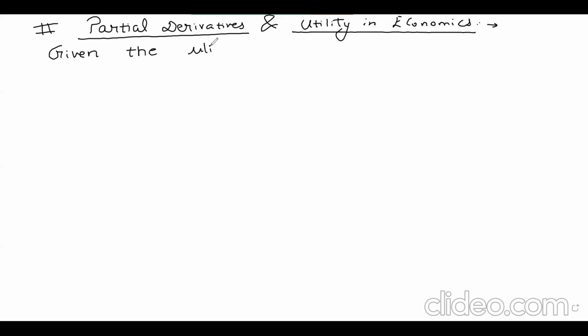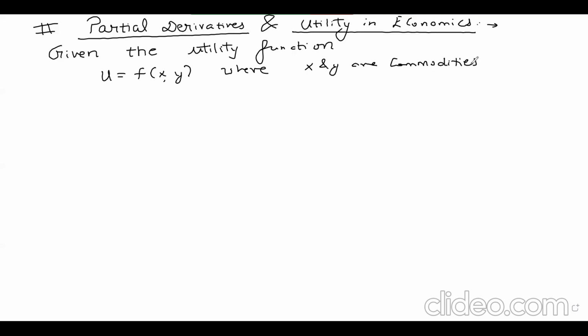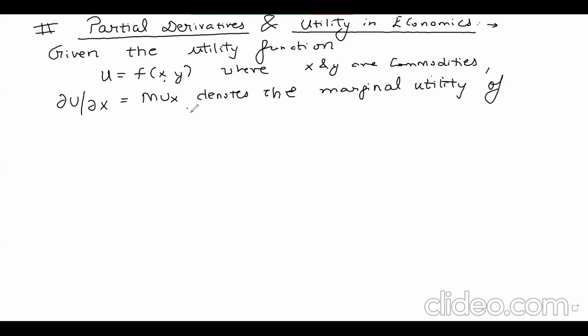Given the utility function U, which is a function of X and Y, where X and Y are commodities, and U is the level of utility, del U by del X, also called MUX, denotes the marginal utility of commodity X. It captures that if I increase the consumption of commodity X by 1 unit, by how much will my utility change?